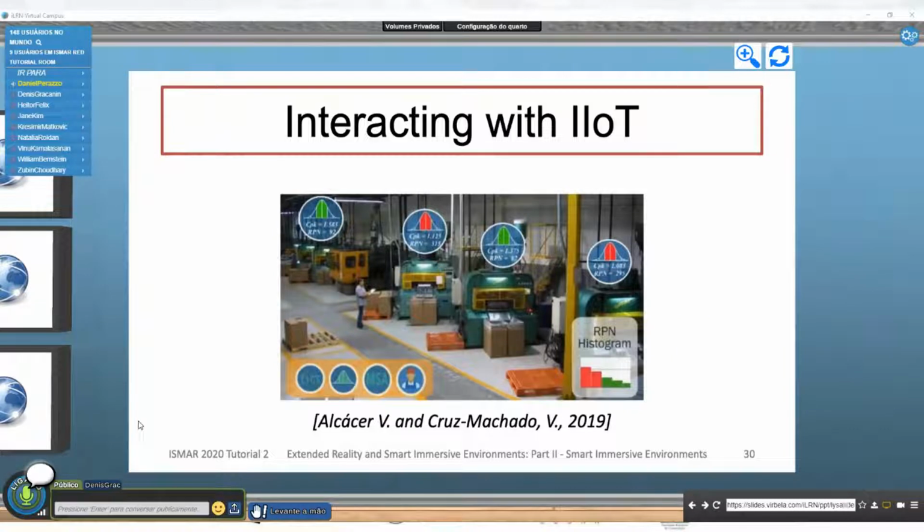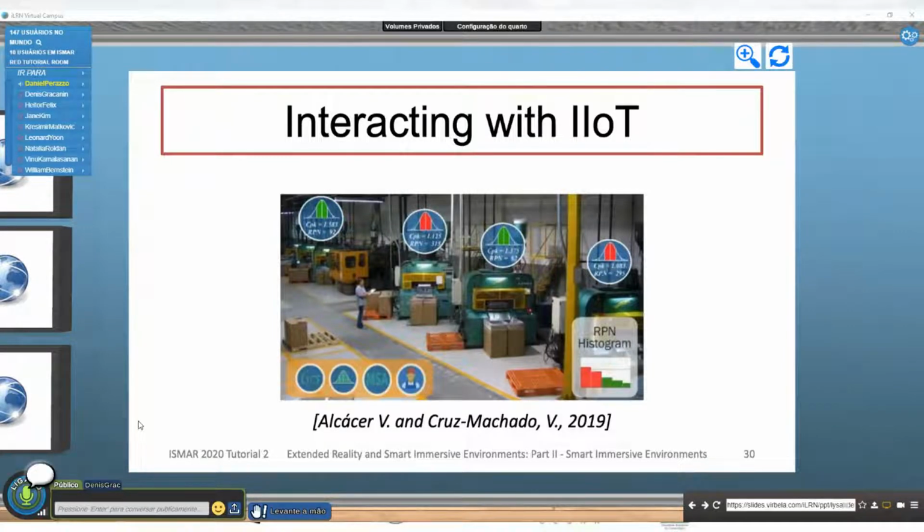We can have full real-time understanding of the overall manufacturing process, and that information can be provided to users in the context of the actual production environment, as this figure illustrates. So again, that's the industry paradigm.